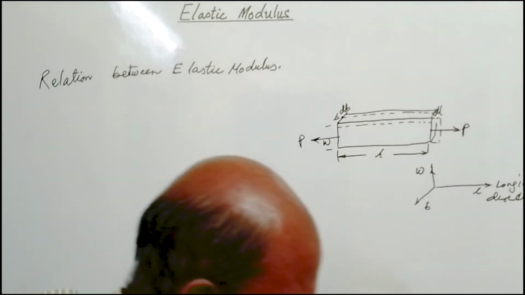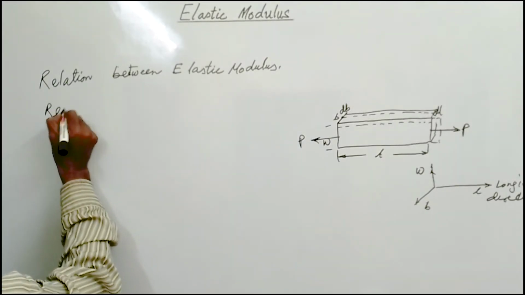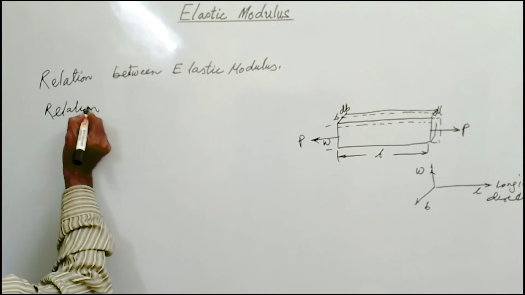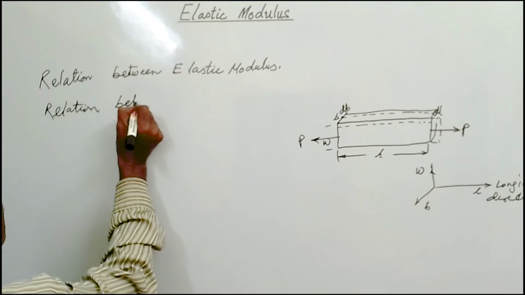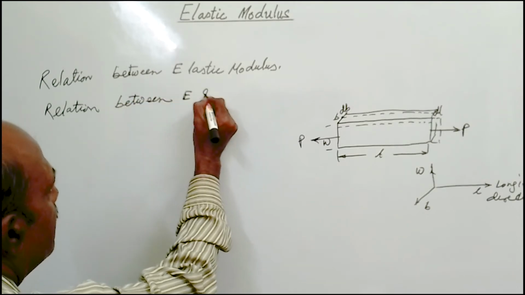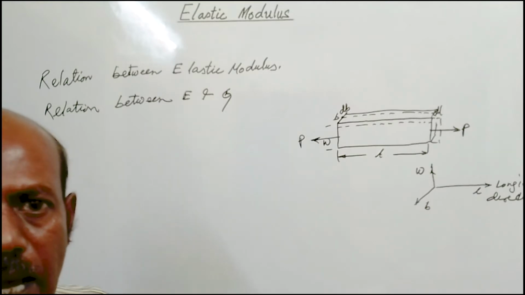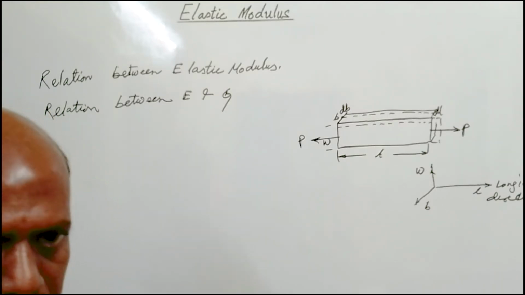So the first relation is the relation between E and G, that is Young's modulus of elasticity and modulus of rigidity.